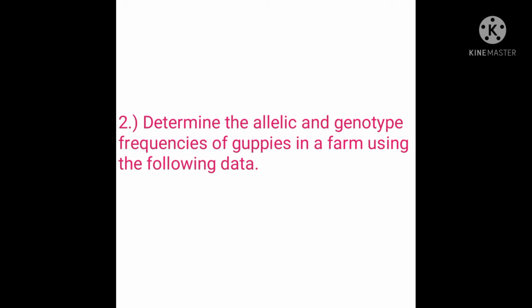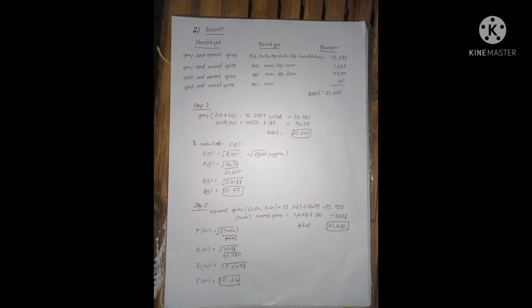Number 2. Determine the allelic and genotype frequency of guppies in a farm using the following data. Answer for number 2. Step 1. Gray GG plus Gg equals 15,293 plus 1,268 equals 16,561. Gold gg equals 4,459 plus 180 equals 4,639.